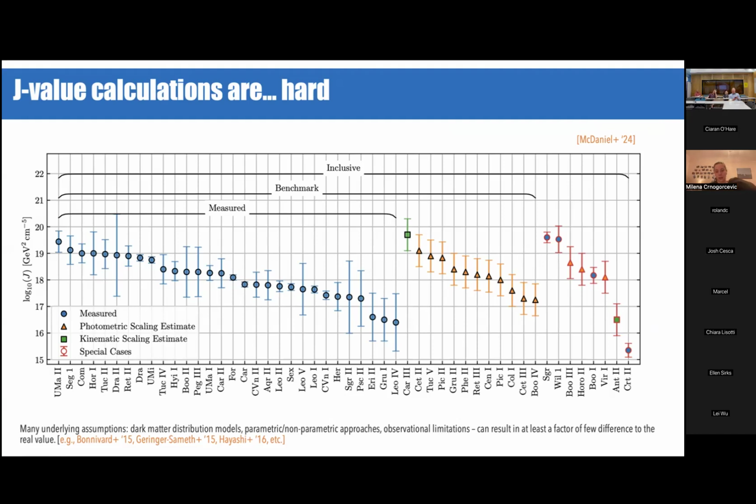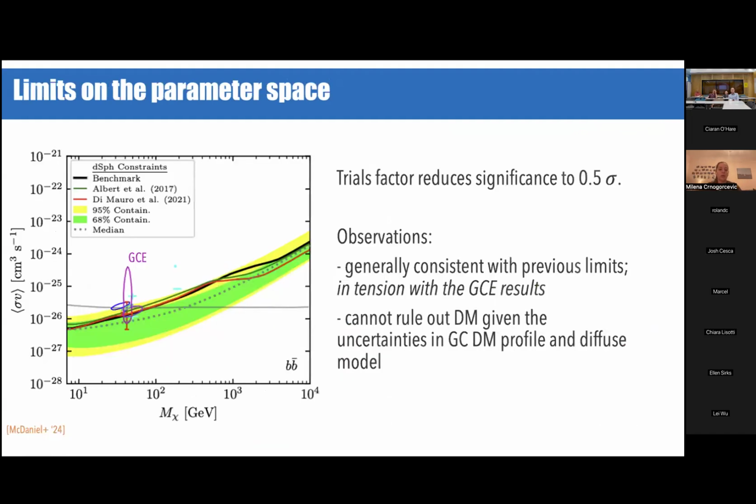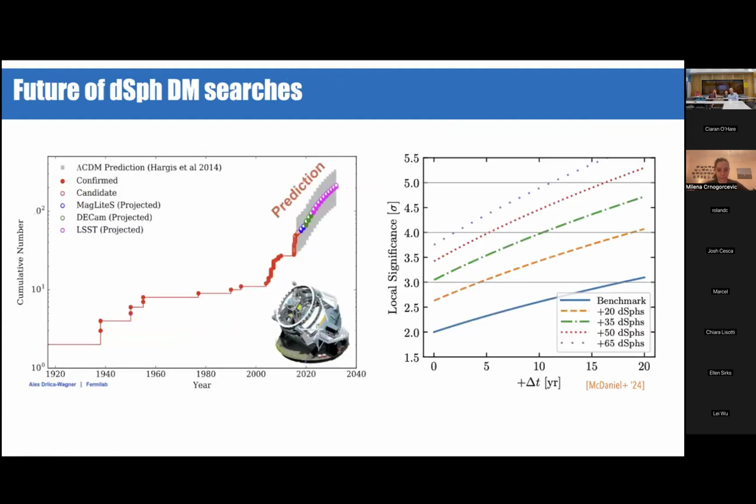And these uncertainties can result in at least a factor of few difference, and in some cases, order of magnitude difference in the real value of the J factor, which, if we look back to this plot, would bring the galactic center and the dwarf spheroidal galaxies in the same part of the parameter space.